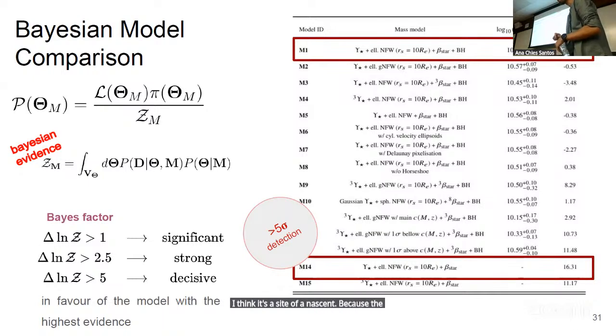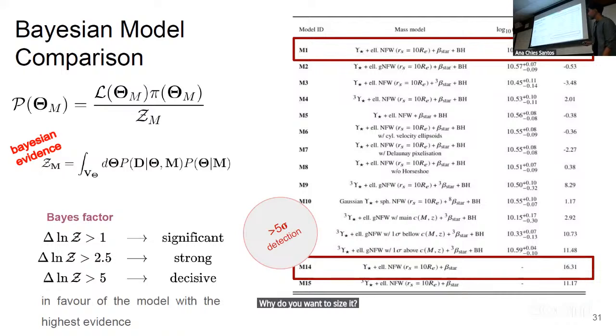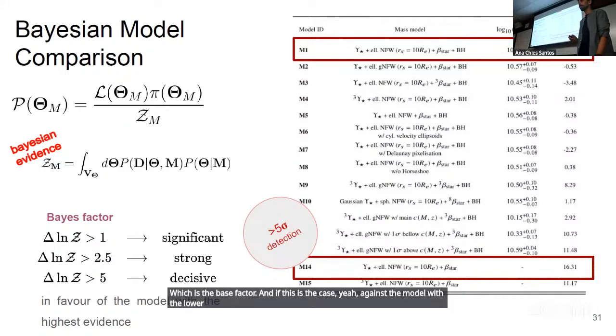No, this is the relative evidence, the relative Bayes factor relative to the fiducial model. Because if you have a difference between two Bayesian evidences, which is the Bayes factor, it is against the model with the lower Bayesian evidence.